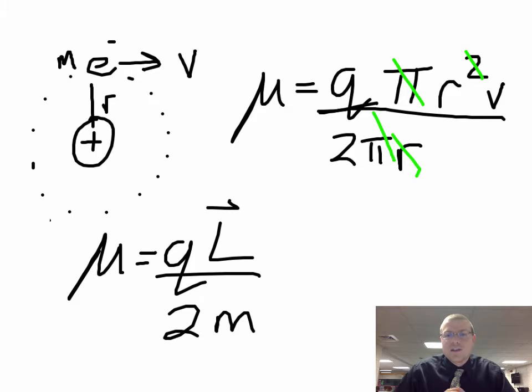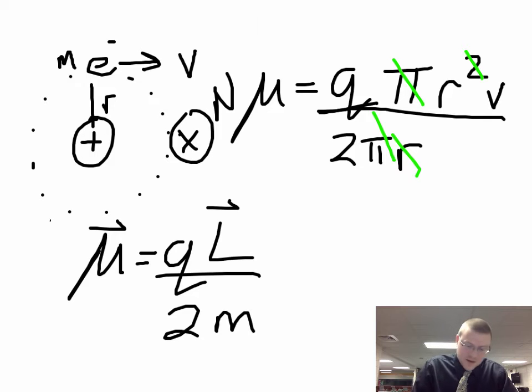Each charge there has its own unique angular momentum, and the dipole moment will point in the direction of wherever the angular momentum points. So in this case, we said the angular momentum was into the page, so the dipole moment is into the page, meaning there is a north pole created into the page because of this atom, and there's a south pole pointed out of the page.